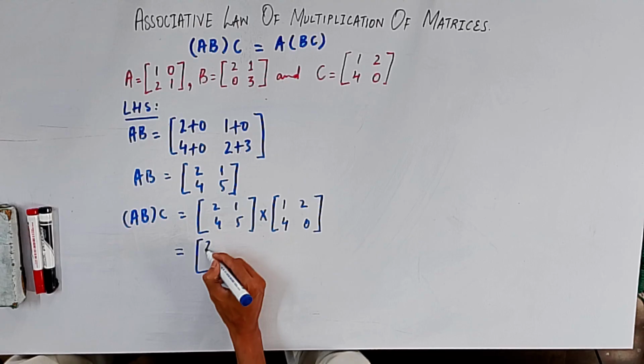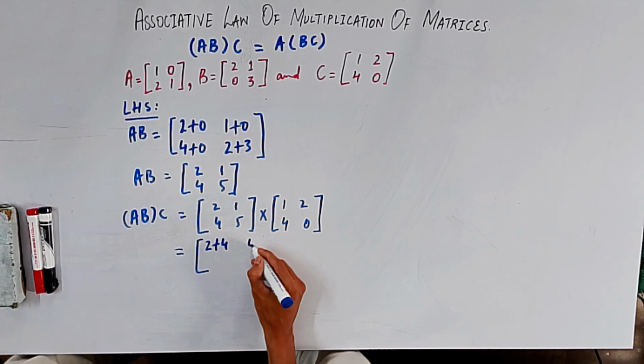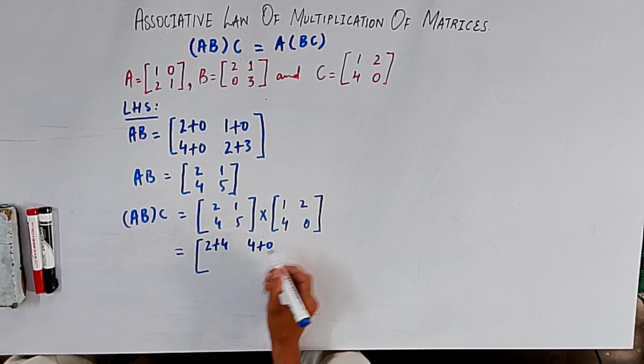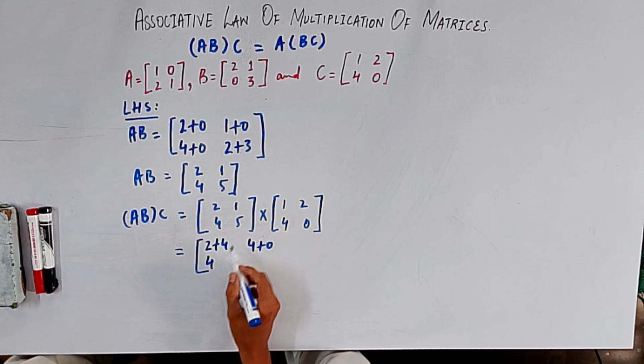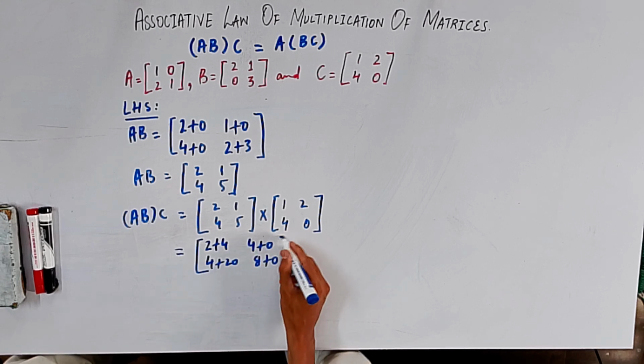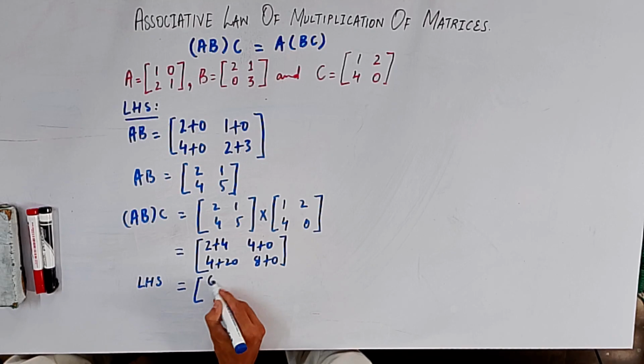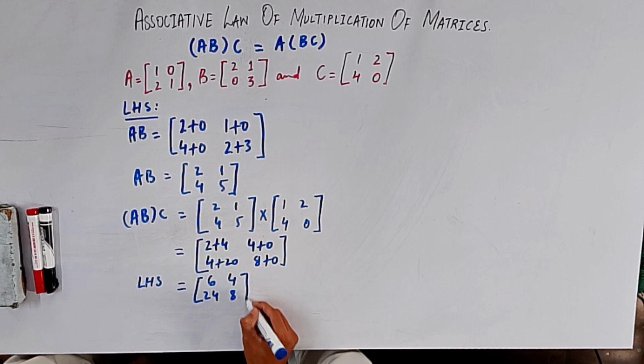So 2 1s are 2, 1 4s are 4, 2 2s are 4, 1 0s are 0, 4 1s are 4, 5 4s are 20, 4 2s are 8, 5 zeros are 0. Finally you will get left hand side is equal to 6 4 24 8. So this is your left hand side, AB in bracket multiplied by C.